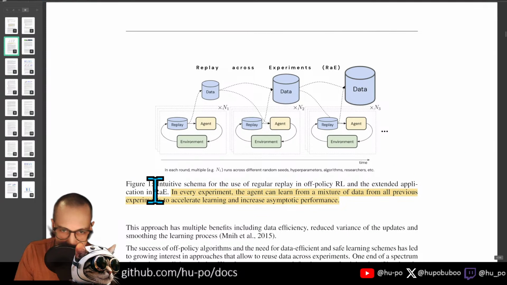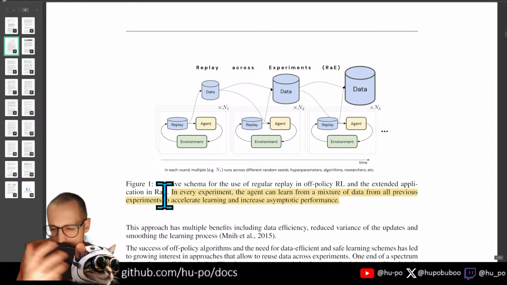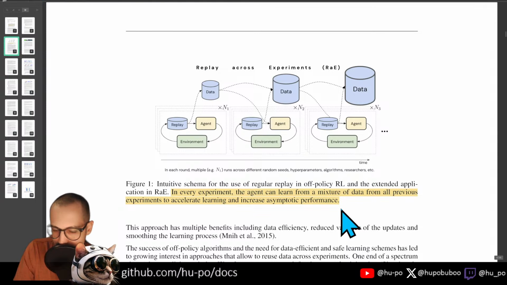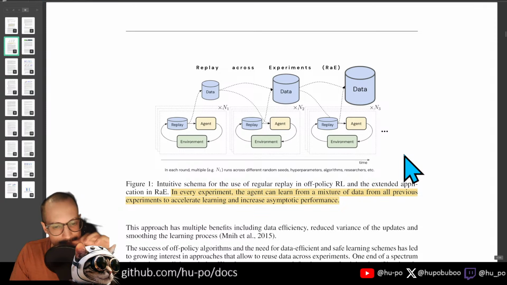But in this case, it's a little bit easier because, believe it or not, the fact that you're doing it from vision means that it's easier. If you have state-based RL, the distinction between on-policy and off-policy can be quite big. But if you're using vision, the distinction is a little less important, because a picture's a picture's a picture at the end of the day, and these pictures are randomized anyways. So you can get a little more signal from that.